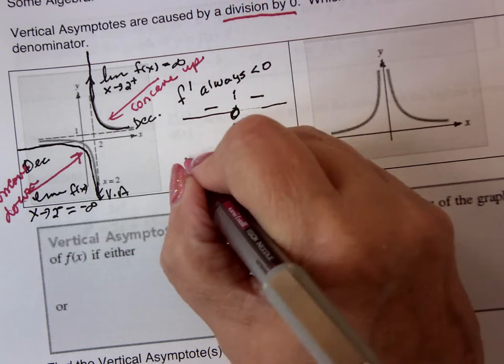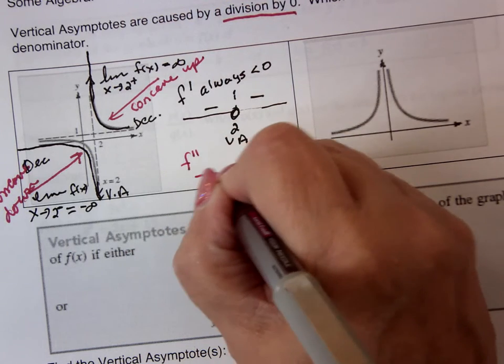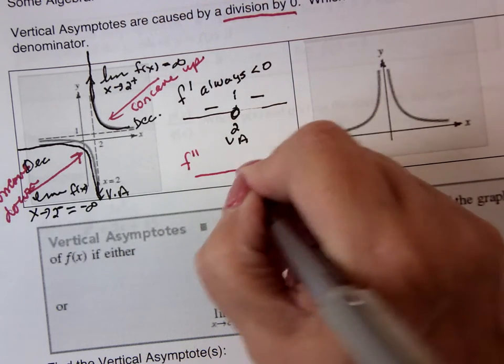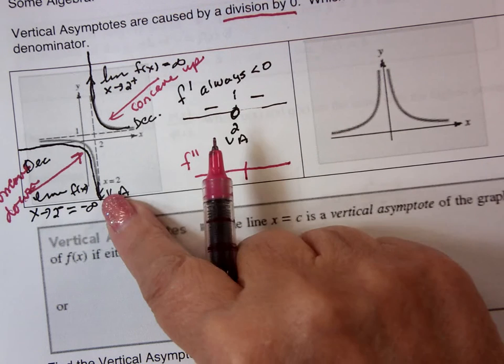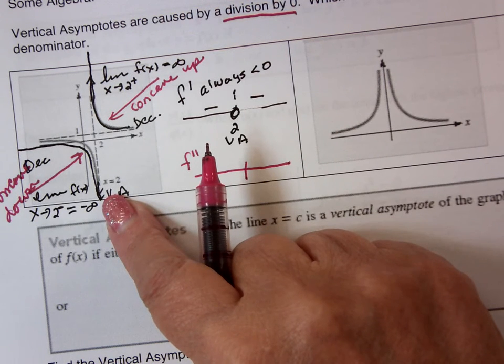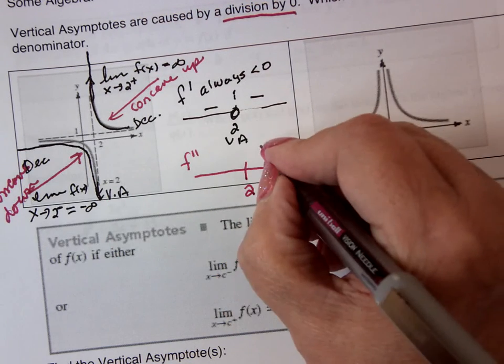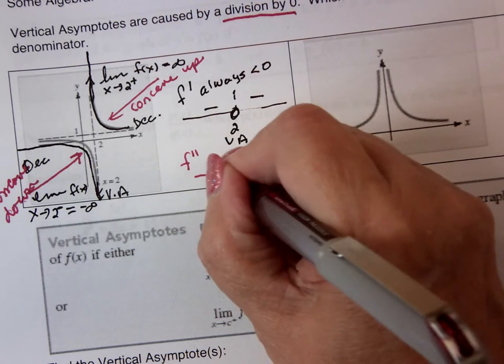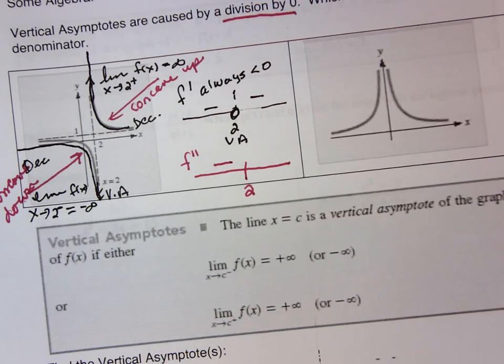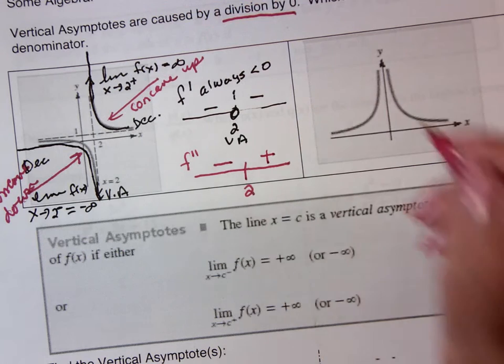So again, if I look at f double prime, the VA plays a role. There's a change in concavity across the VA. So f double prime would be negative to the left of the VA and positive to the right of the VA.